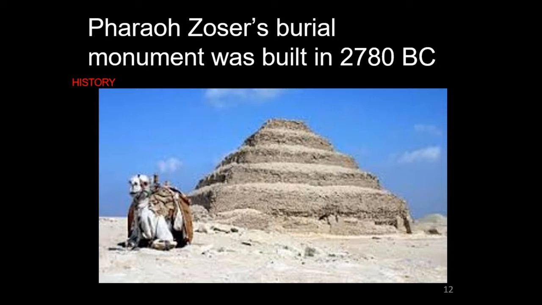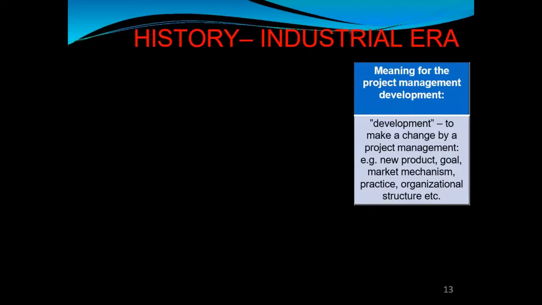So from history, we can understand that if you want to create any project, coordination of construction is very important. The meaning of project management was developed at this point: coordination was required for construction, like the monument in front of you, which has been standing from bygone times, is made of stone, and required coordination to build.